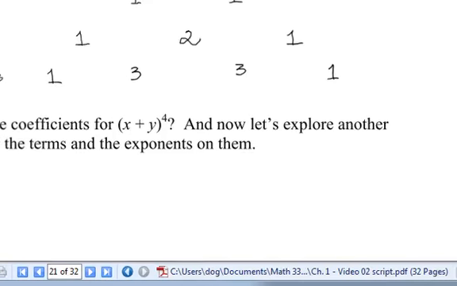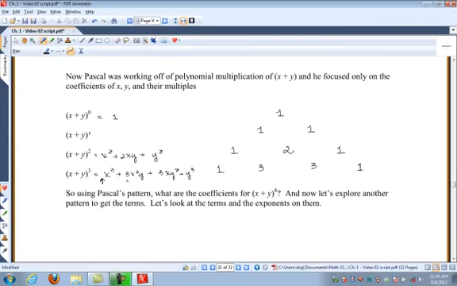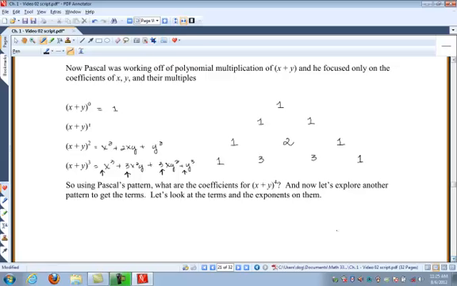So you're working strictly with the coefficients 1, 3, 3, 1. So how about, what are the coefficients for x plus y to the 4th? Well, 1, add these two, 4, add these two, 6, add those two, and a 1.